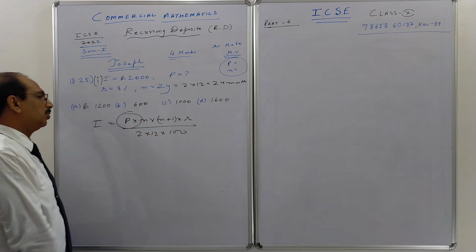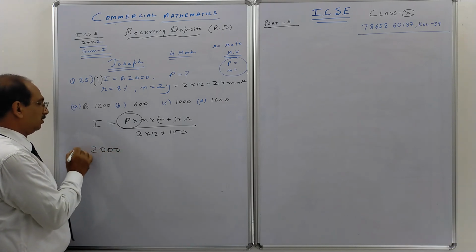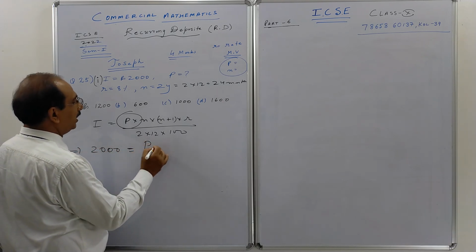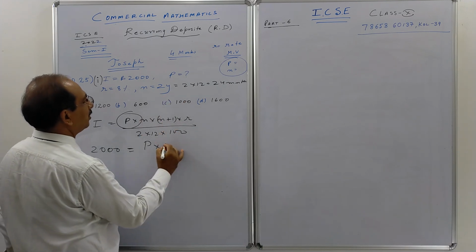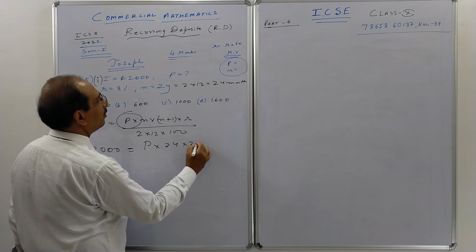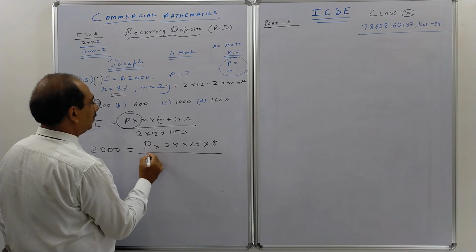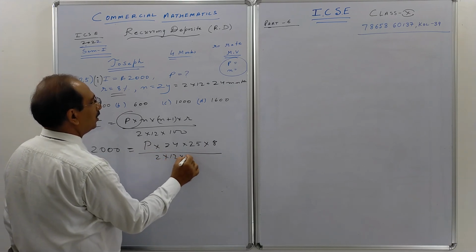This P we don't know. Once more, interest is 2000. Let's learn while doing. P we have to find, children. N is given 24, always convert to months, into 25. R is given 8, by 2 into 12 into 100.